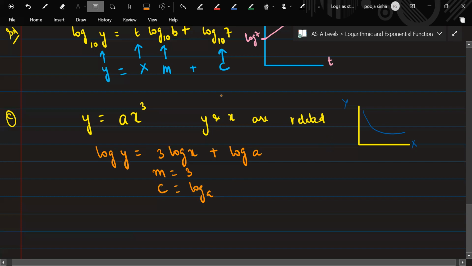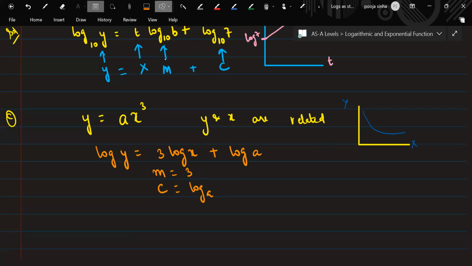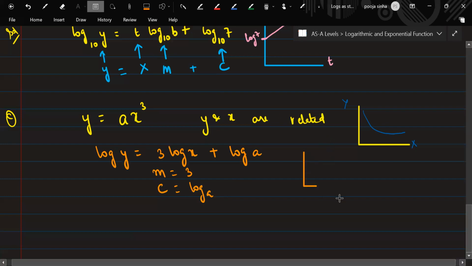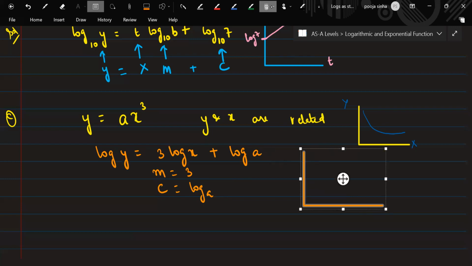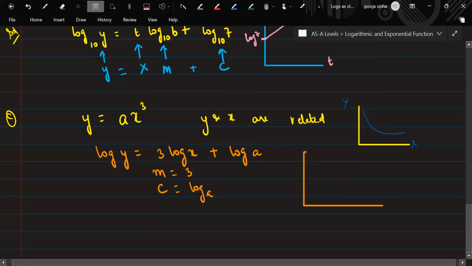So now how will you plot it? Log Y on the Y-axis and log X on the X-axis. What will be your y-intercept?